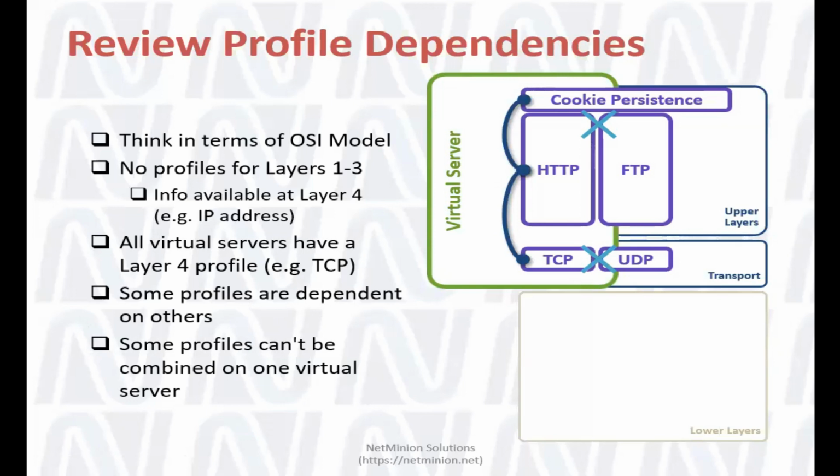Probably you can think about your OSI model, like the application layer depends upon the presentation, then maybe session, then network, then data link or physical. Similarly, profile dependency occurs in the case of F5.